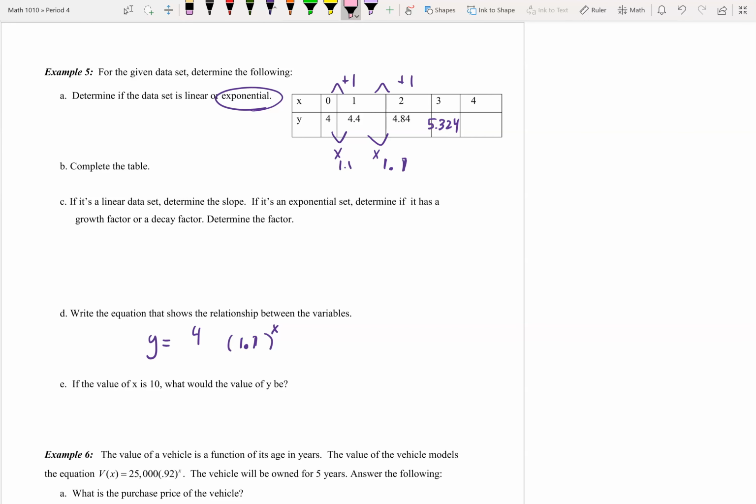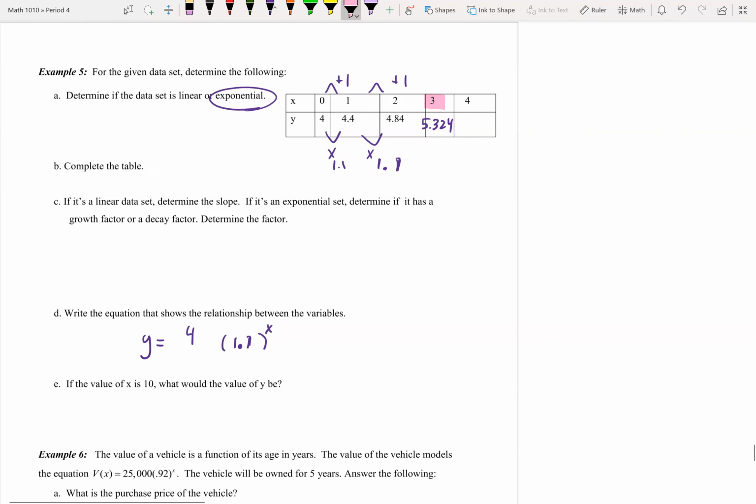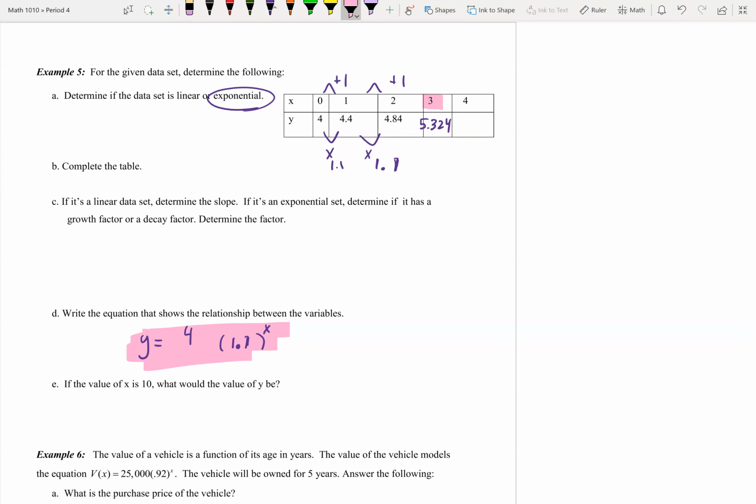We're going to put a 3 in for x into that equation and make sure I get 5.324. Everybody go 3 store enter. Then go 4 parenthesis 1.1, close it, raise it to the x, enter, enter, and I get 5.324. So you can get it either way.